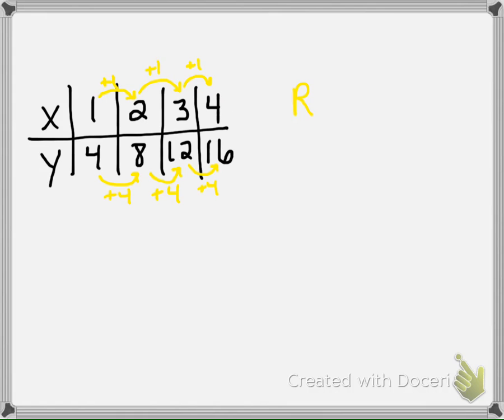That tells me that I have a constant rate of change because it's always the same. And that rate of change is the change in Y over the change in X. So the rate of change is 4 over 1, which is 4.